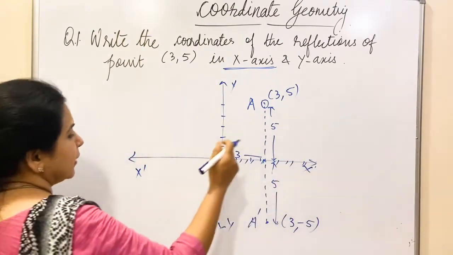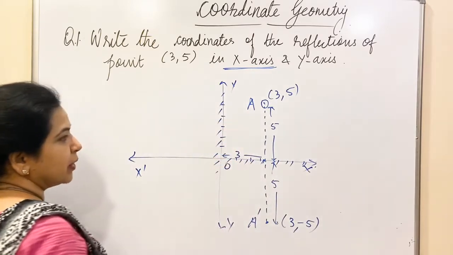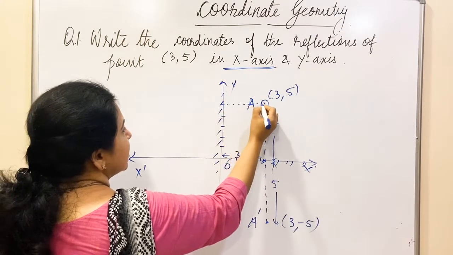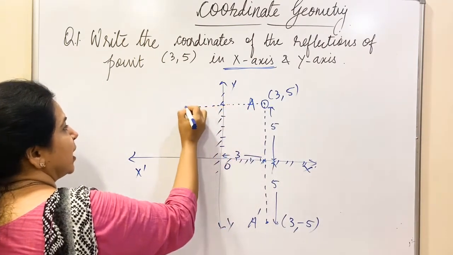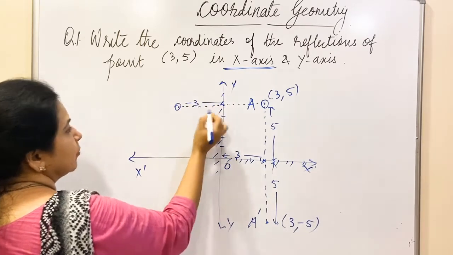And second, if we take the y-axis as the plane mirror, then the object is 3 distance in front of the mirror. So the image will be 3 distance behind the mirror.